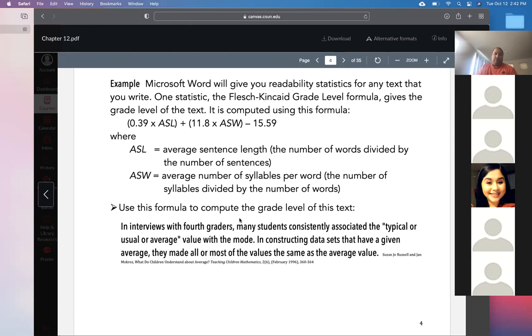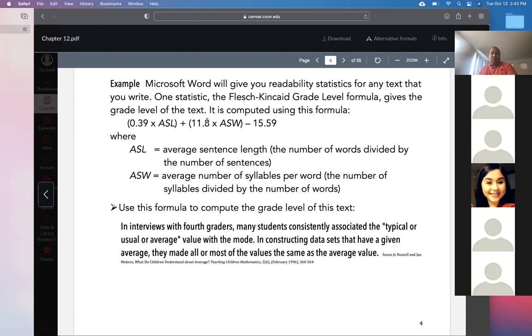And one algorithm, one formula that it uses called the Flesch-Kincaid grade level formula does the following. And I don't know where this formula came from, and I'm not going to worry about it, but it basically says, if you take the average sentence length, which is the number of words divided by the number of sentences. So in other words, on the average, each sentence was this many words, and you multiply it by 0.39.